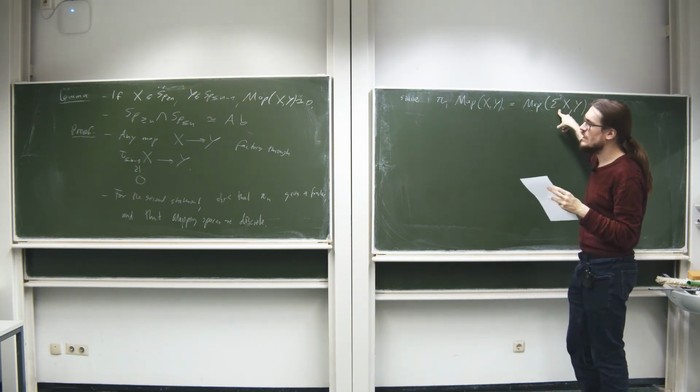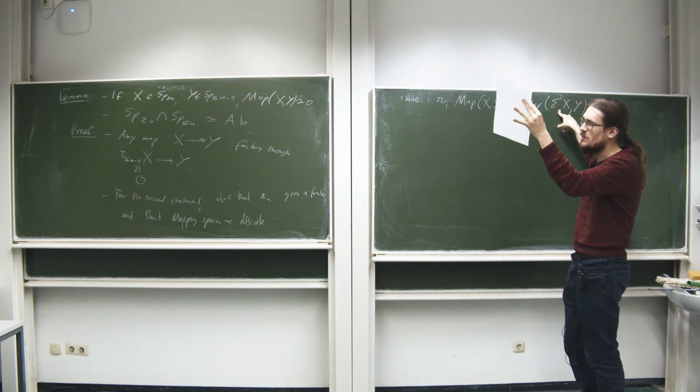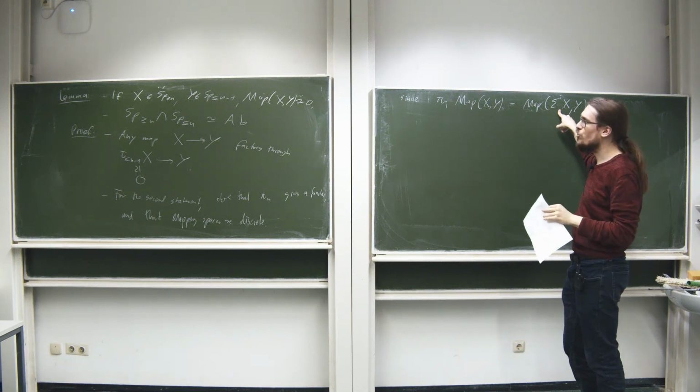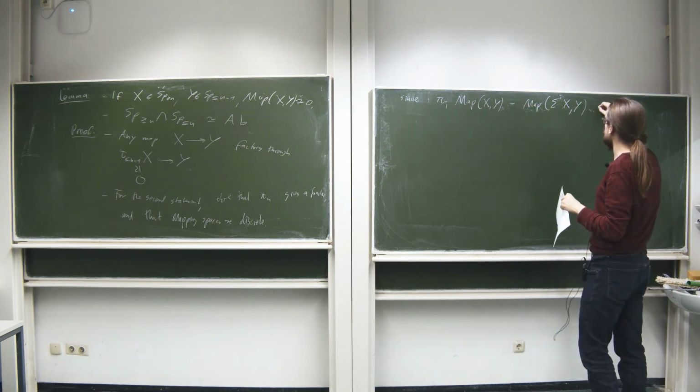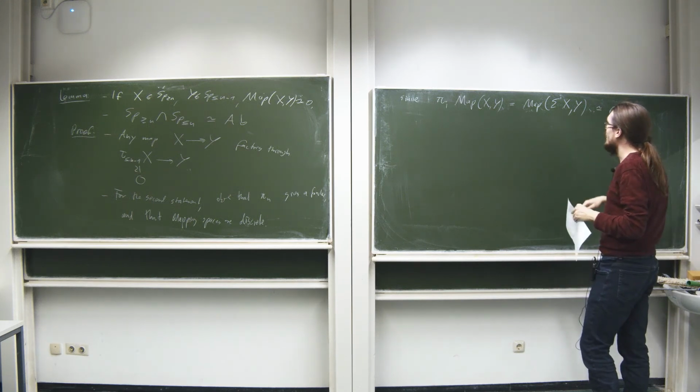And now this guy is, well, we shifted it up. So this guy is now more than n-connective. And by the first statement, this means that this is 0, because y is still n-co-connective.